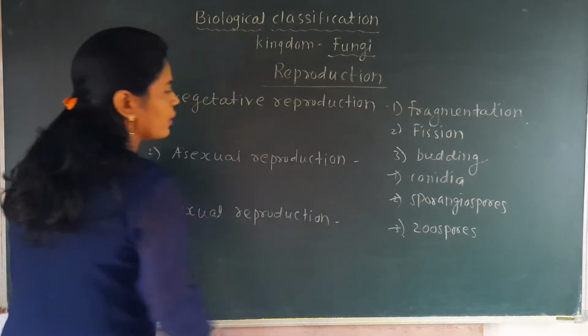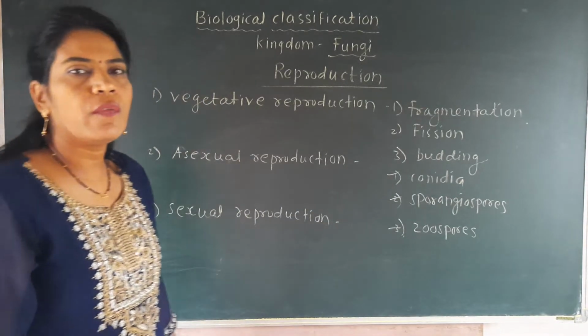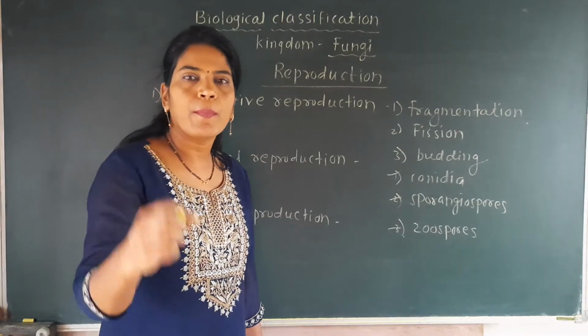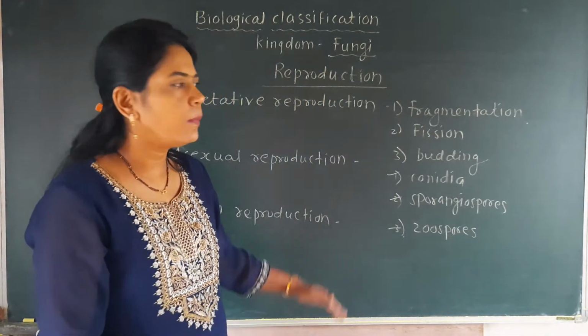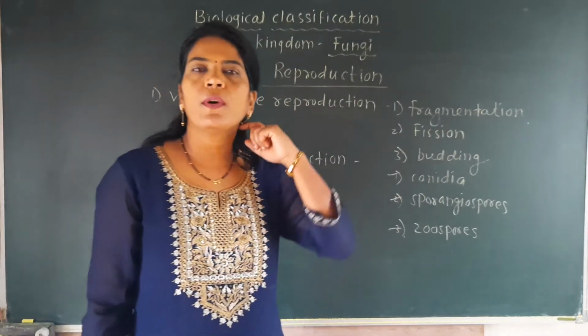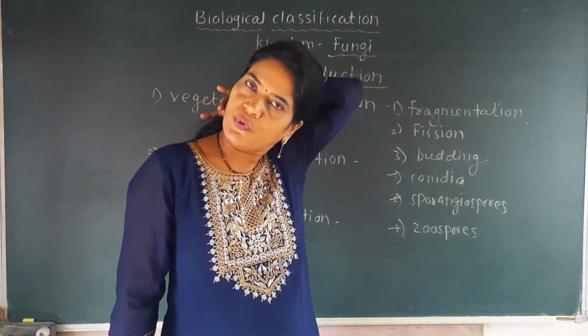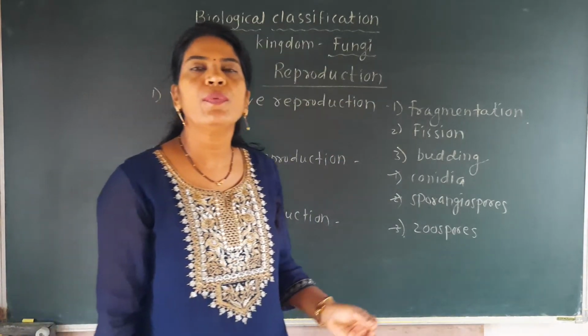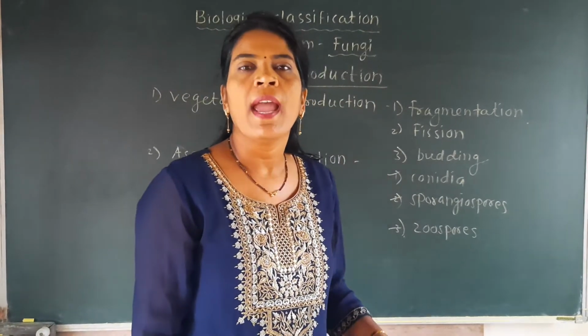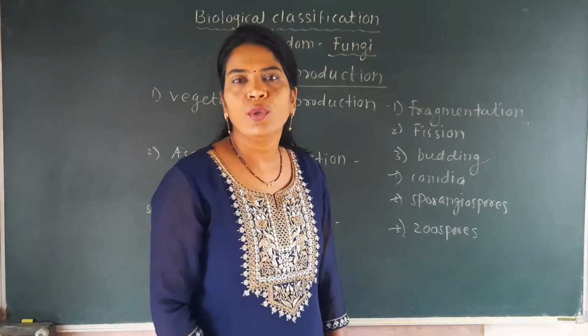In sexual reproduction, again you will find some type of spore, but no doubt these spores are not of the asexual type. These spores are developed after the fusion of male and female gametes, and they then develop into new fungi.